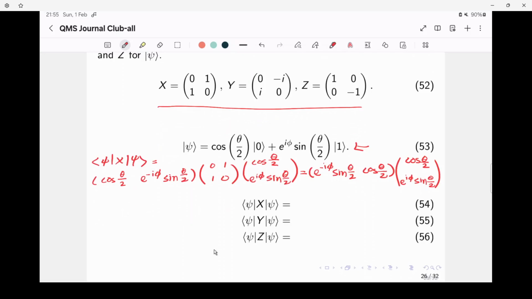So this is the first one, psi X psi. Until this point, when you multiply them together, you should get e^{-i phi} sine theta over 2 cos theta over 2 plus e^{i phi}.